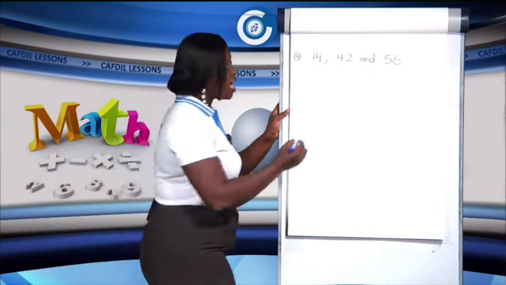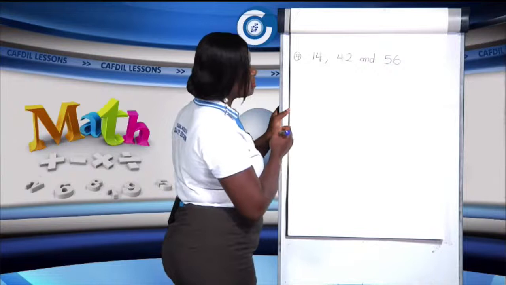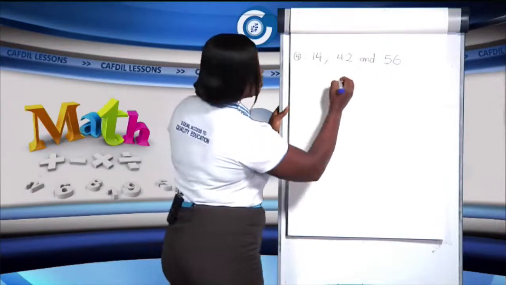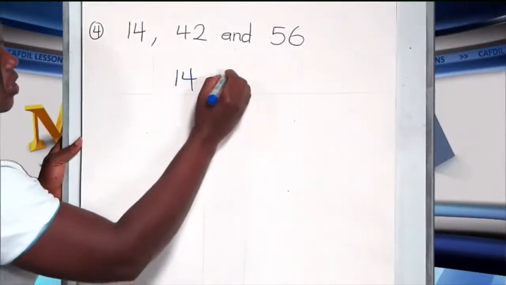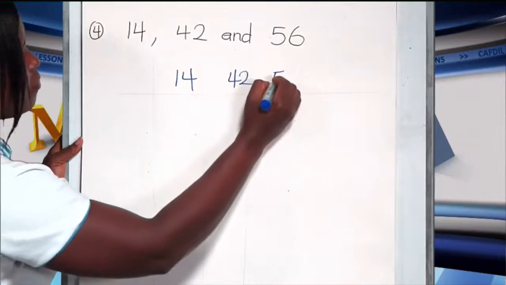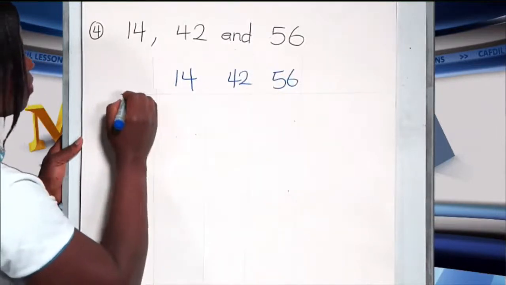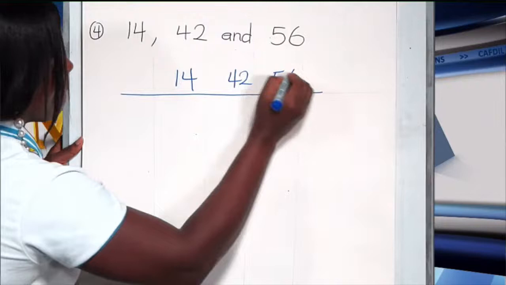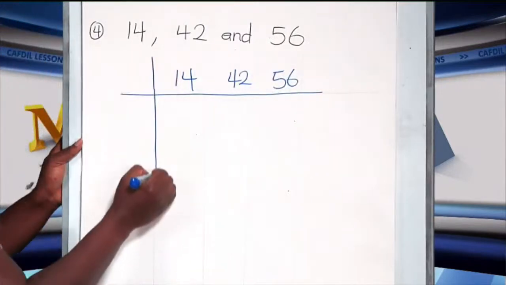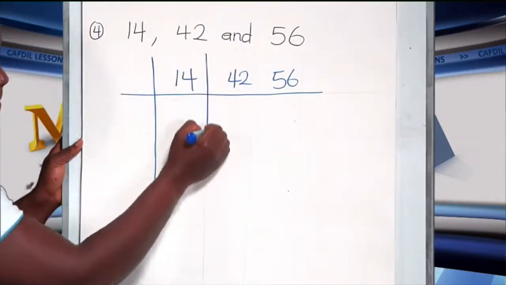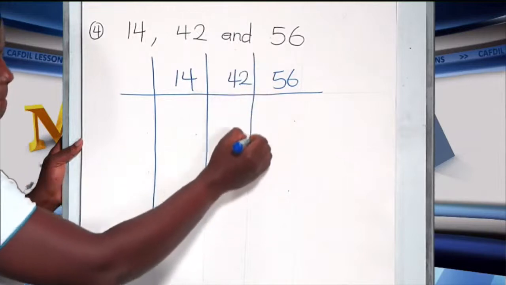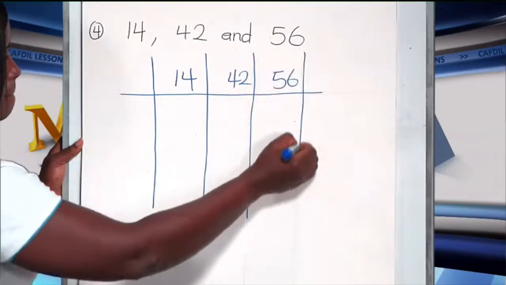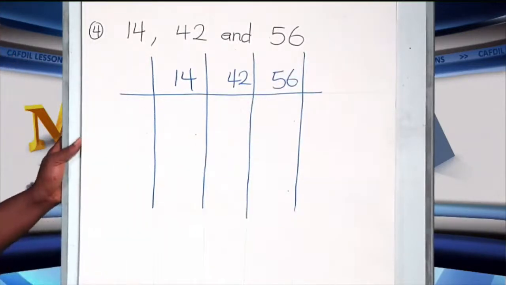First, we draw our table with the numbers on top. 14, 42, and then 56. LCM of 14, 42, and then 56.